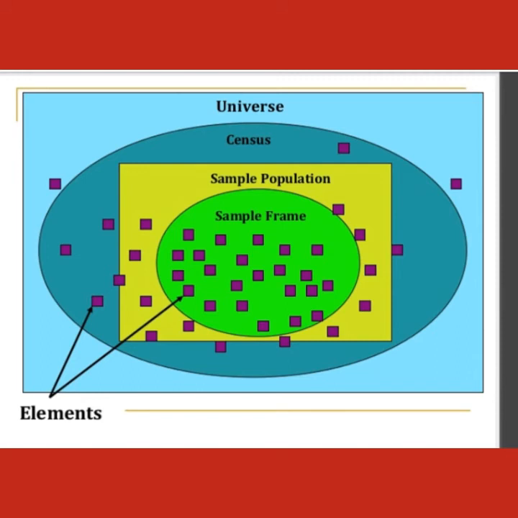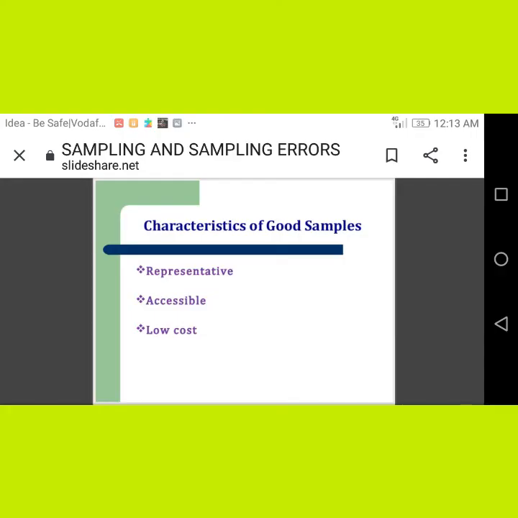Understood? So the population is quite different from the sample. Here in this slide we can see the sample is only a small part of the population. We measure the sample using statistics in order to draw the inferences about the population and its parameters.